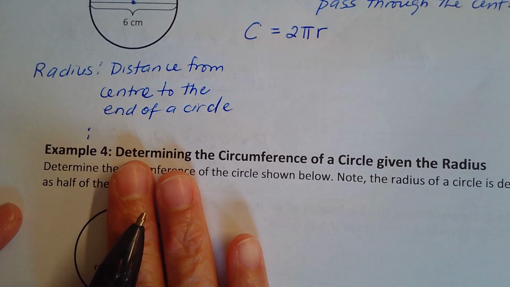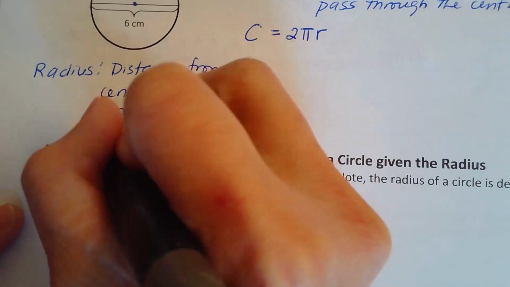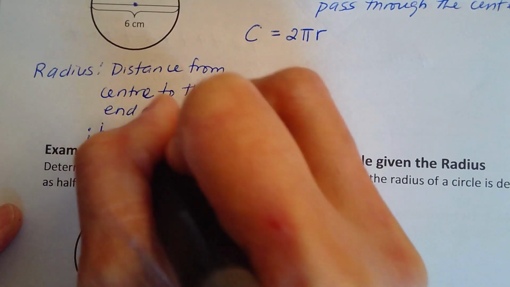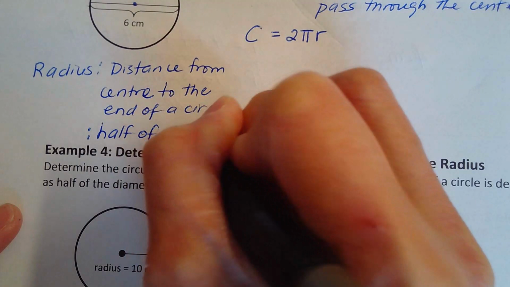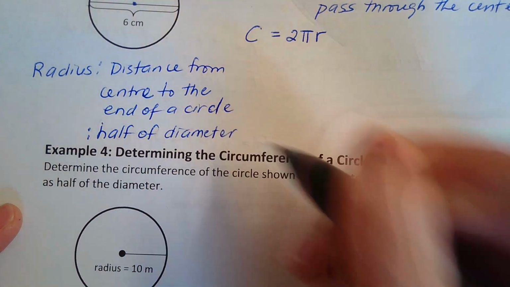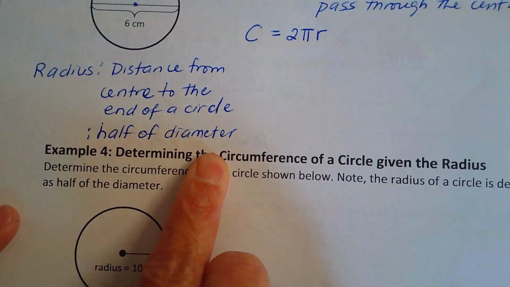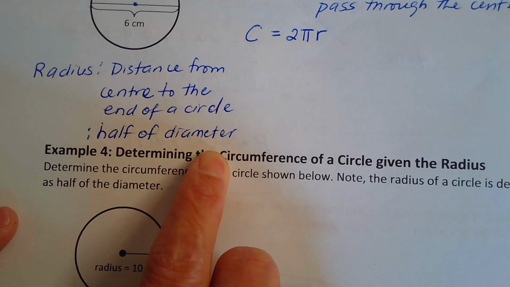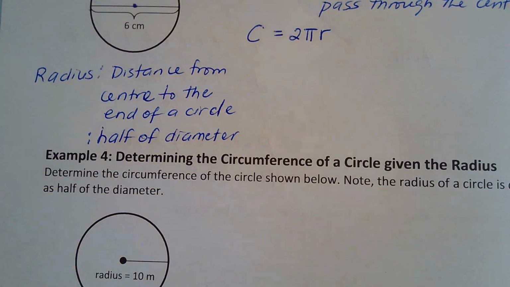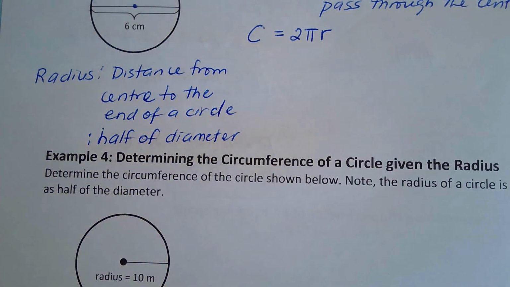So the radius is half of the diameter. Once we know the diameter, we can just cut it in half, take 1/2 of it, and that's your radius.